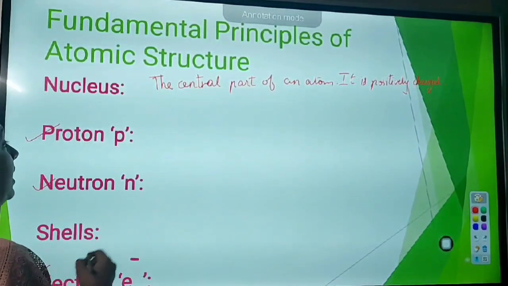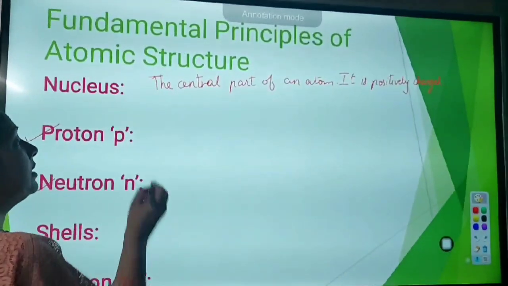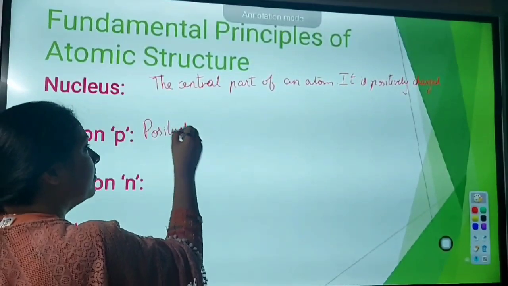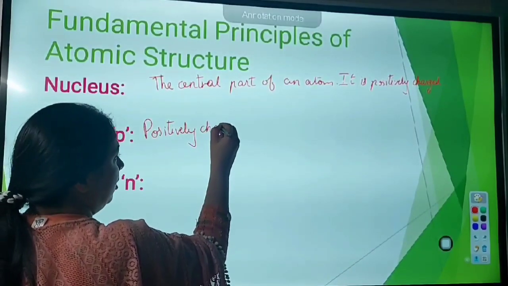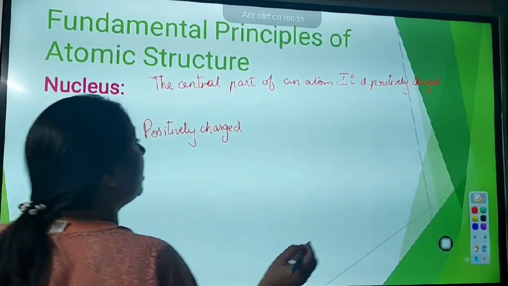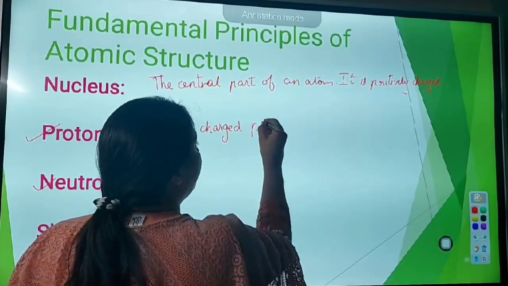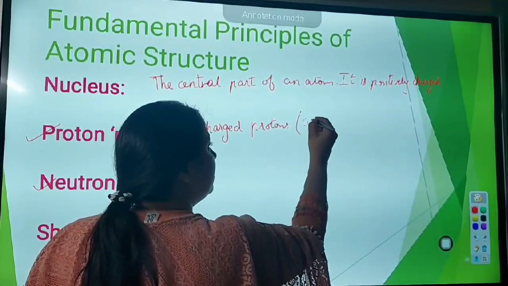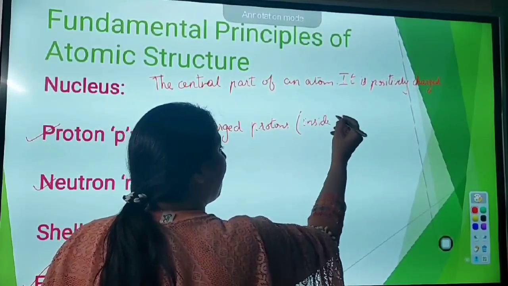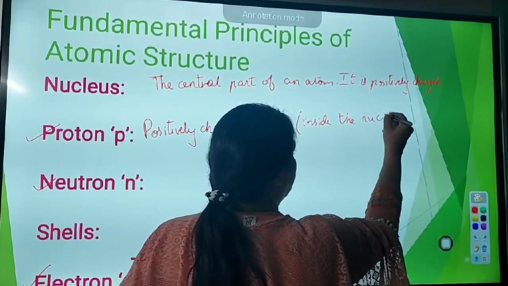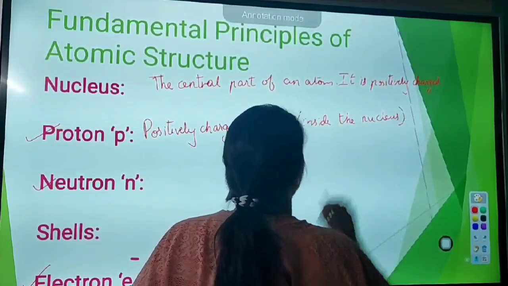Okay. Next, what does the nucleus contain? The nucleus contains positively charged protons. Now this is inside the nucleus.